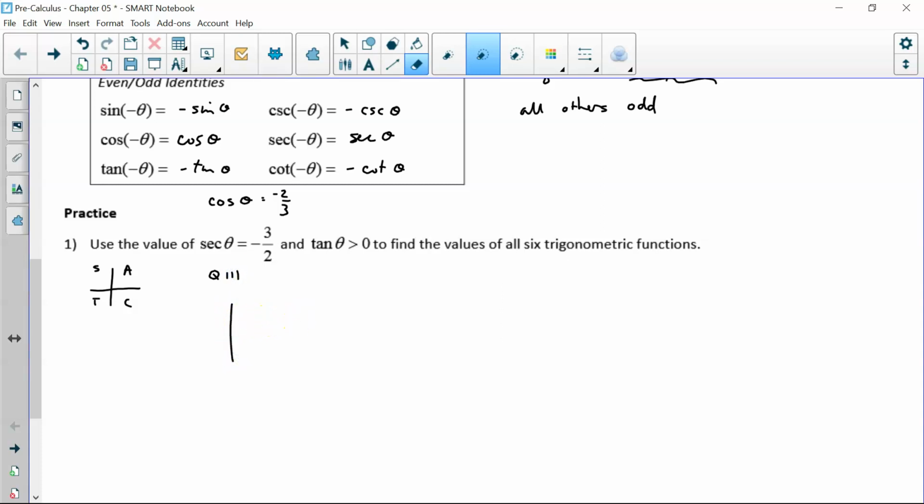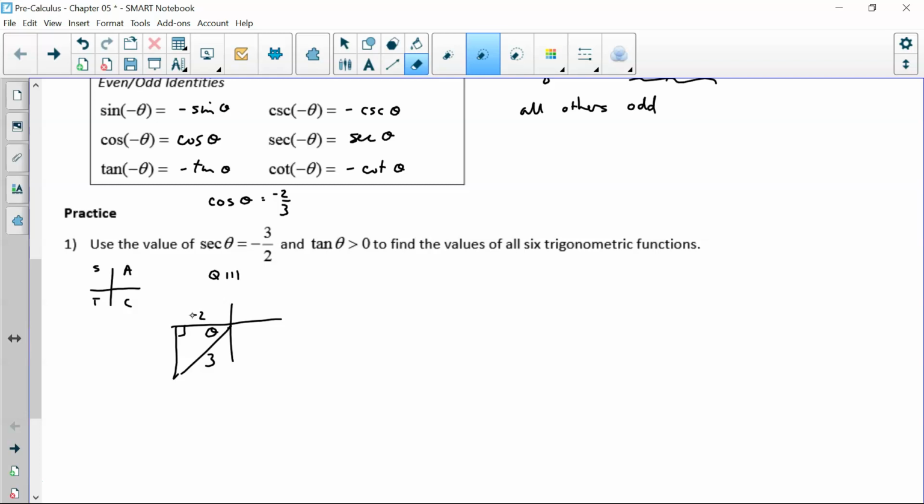Draw your triangle in quadrant 3. Cosine is adjacent over hypotenuse, 2 over 3. The radius, the hypotenuse, is never going to be negative, so the 2 has to be the negative.